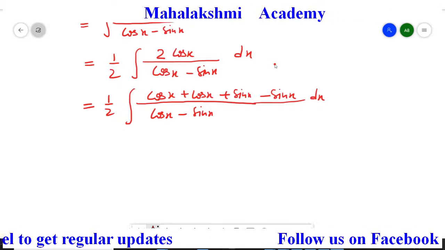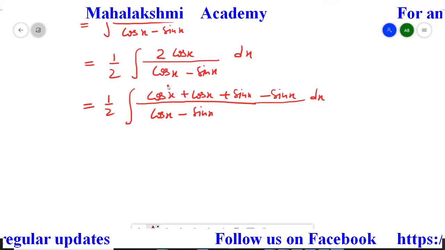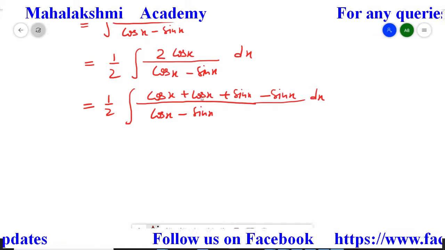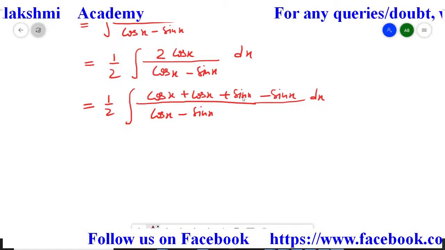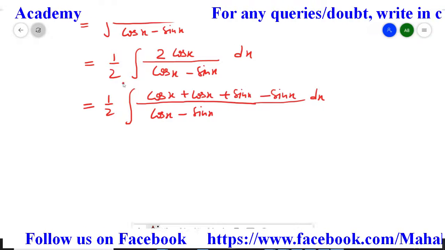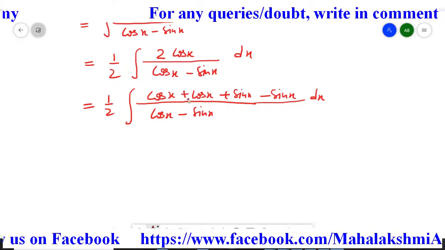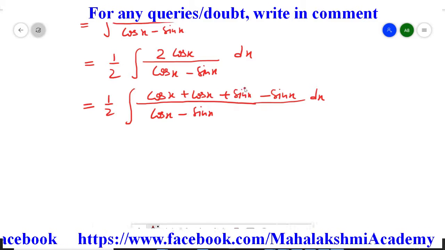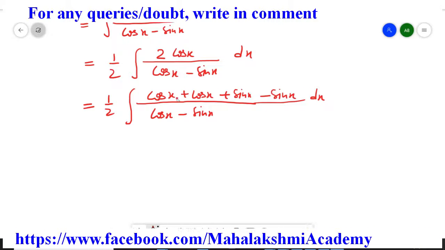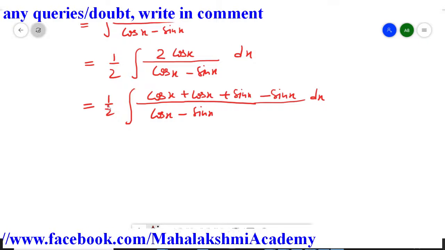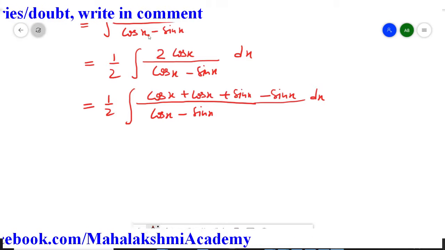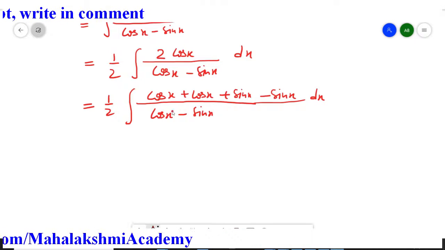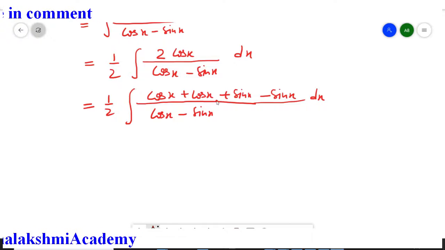So just see students what I have done: this 2 cos x I separated as cos x plus cos x, and sin x once I added and the second time I subtracted, so that the overall meaning does not change. Once we solve orally, this will cancel with this, it's going to be 2 cos x, and 2 will cancel with 2. So whatever the starting function we had, we have not changed it, we only wrote it in some other format.